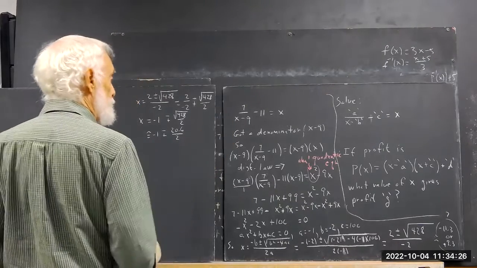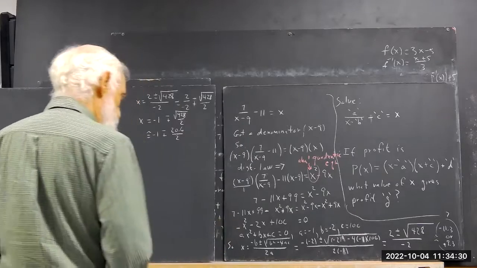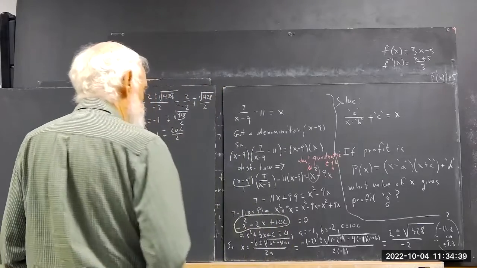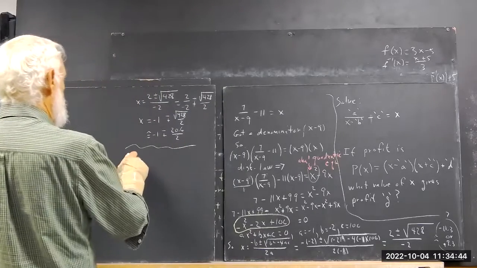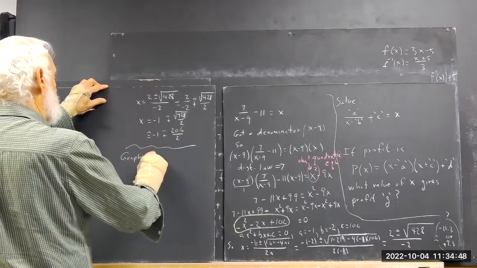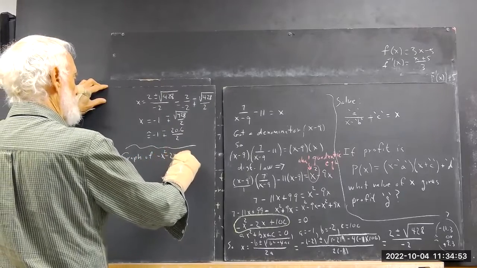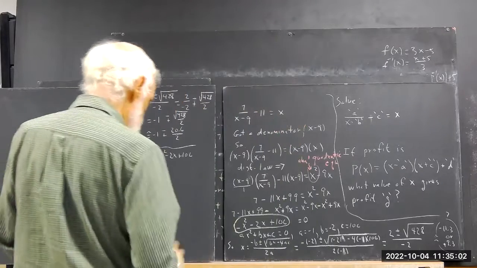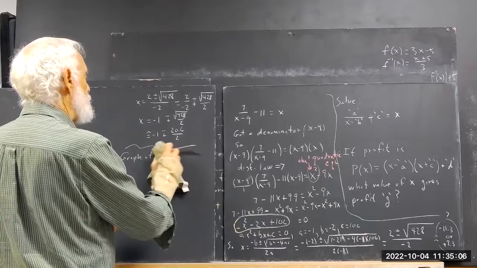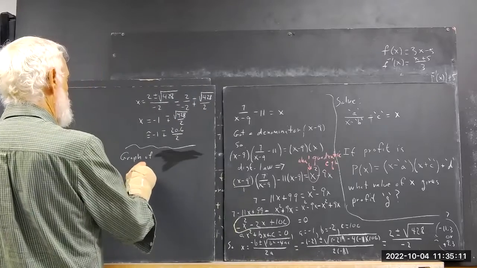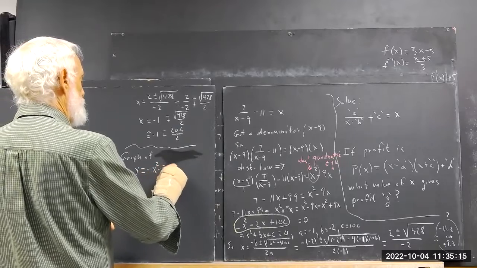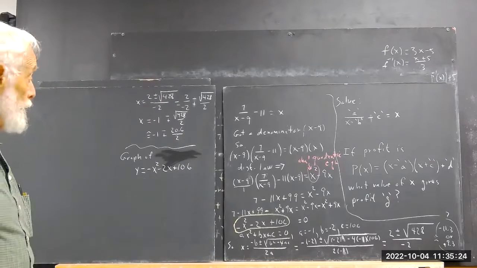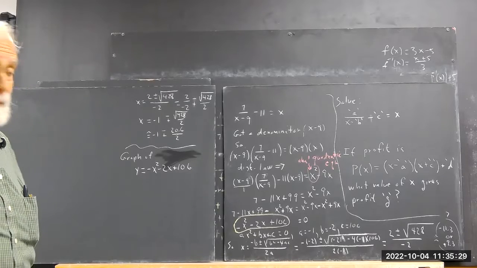If we want to graph this function, the graph of this has y-intercepts when this equals 0, right?